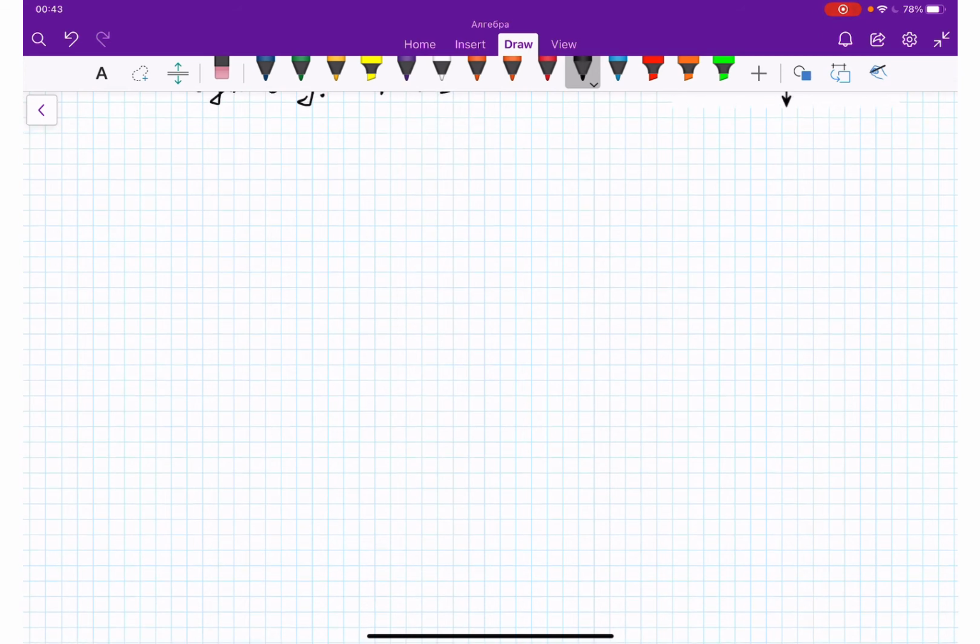So we have f of x is equal to 4x squared minus x minus 3. Okay, first question: is the point -2 and 15 on the graph of f of x?